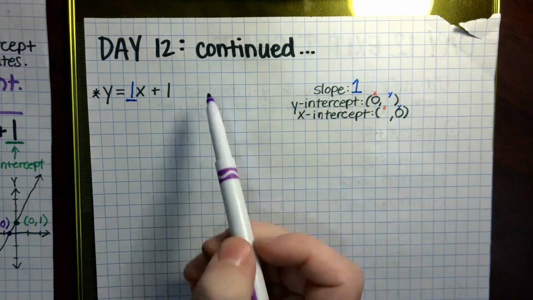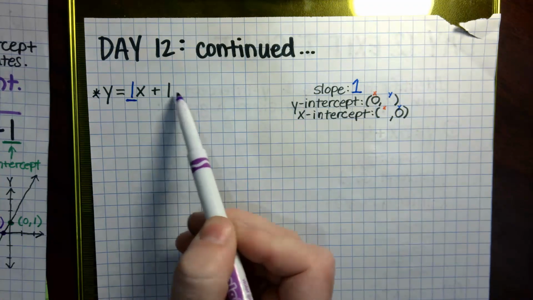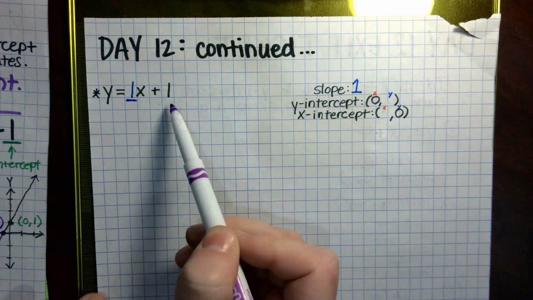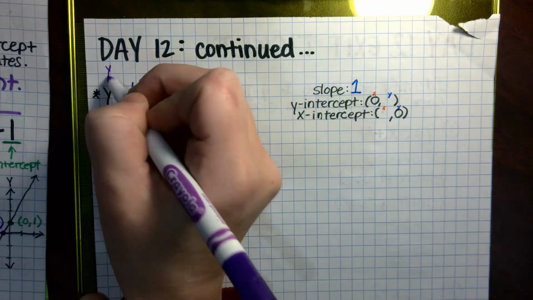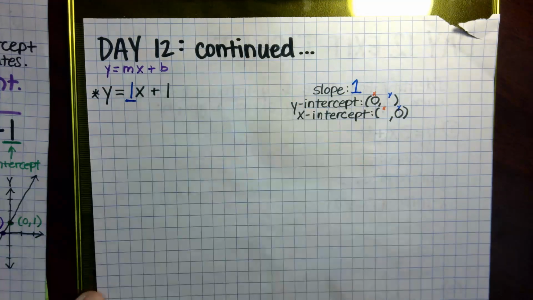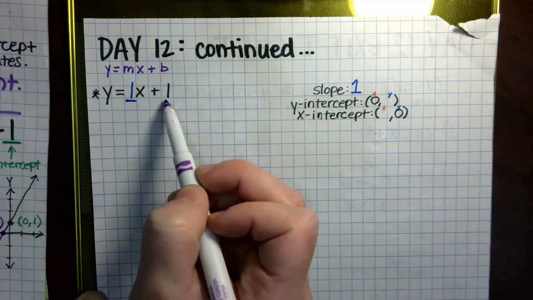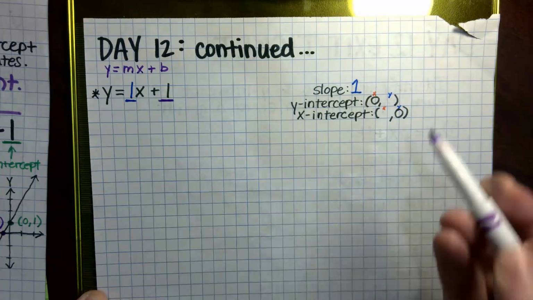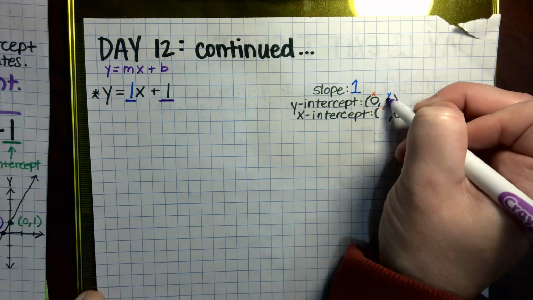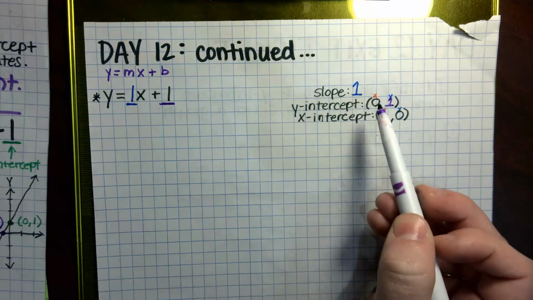Because it's the last number. Yeah, it's just going to be plus whatever this is here. This is b in the equation. Remember, it's y equals mx plus b. Our b tells us our y-intercept. We have a 1 right here. So our y-intercept is also 1. We're going to write it as 0, 1.